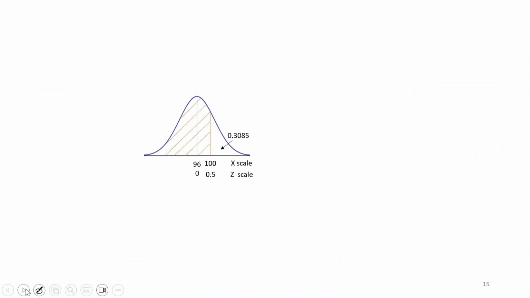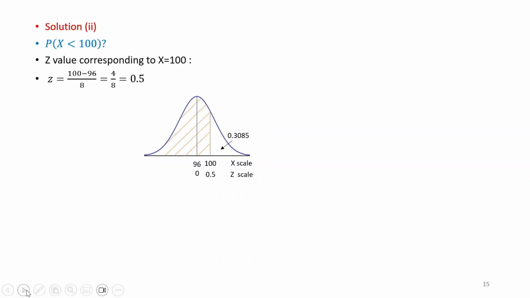Next problem solution, that P is going to be less than 100. So we again find out what is the Z value when X is 100. It is going to be 0.5. But now point is, you have to be very careful here. Px less than 100. Where is Z? 100 value is where? Here. Mean is here. So the 100 is more than mean.